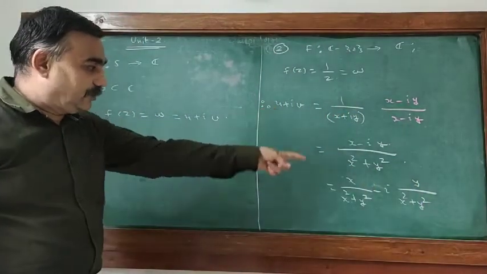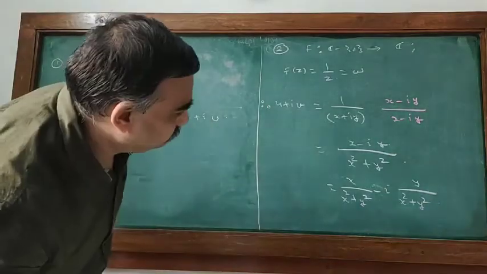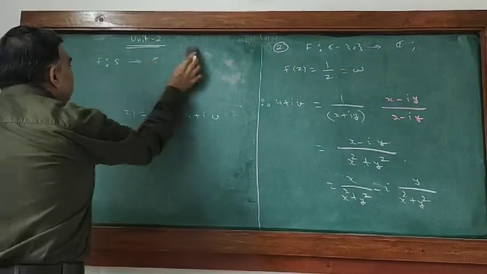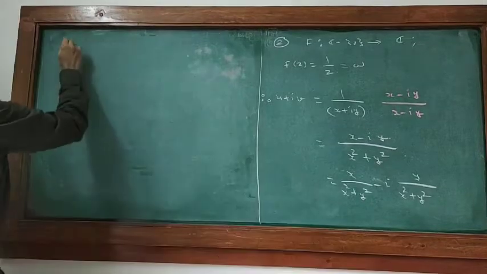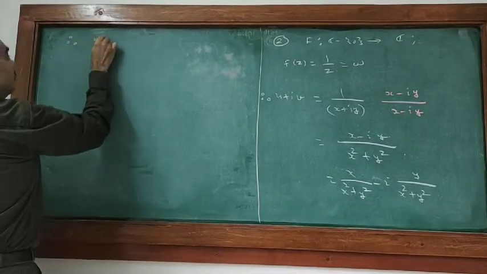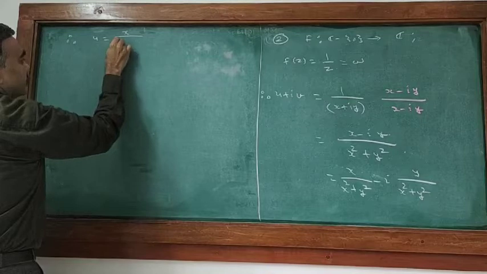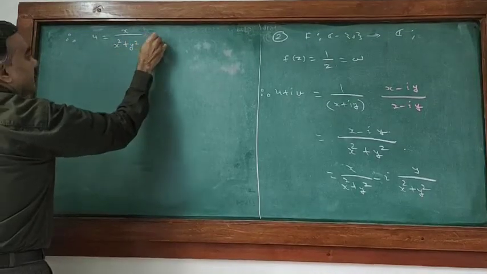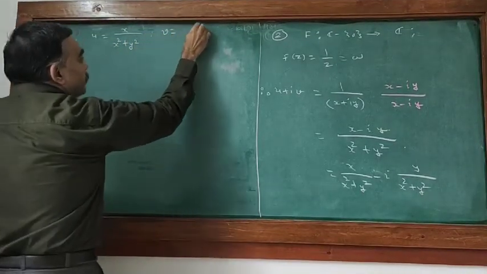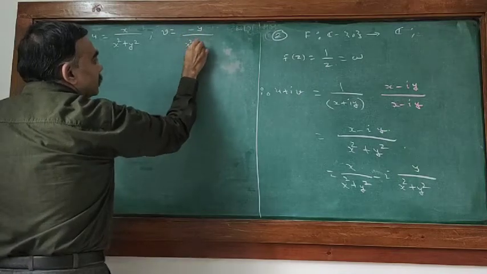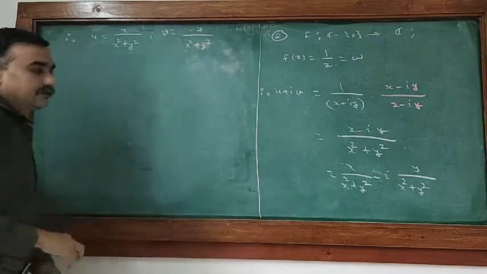So these are the values of u and v. u is x upon x square plus y square, and v equal to minus y upon x square plus y square.